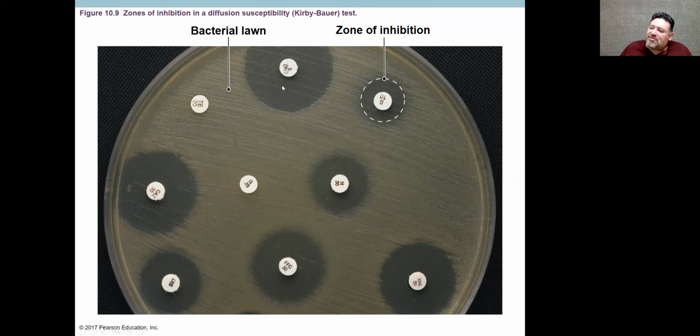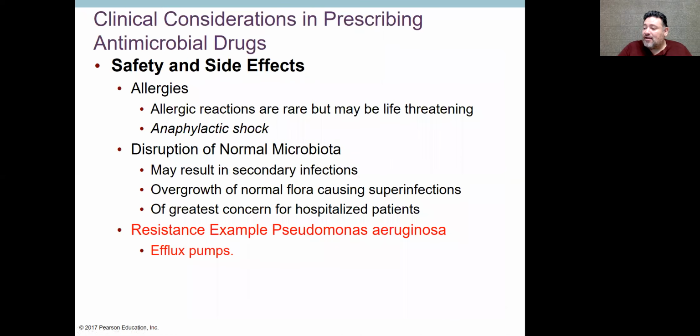And you can see these zones of inhibition. Those zones of inhibition allow us to use an interpretation chart and discern whether the microorganism is susceptible or not susceptible to each antibiotic. Okay, so hopefully we'll be doing this.